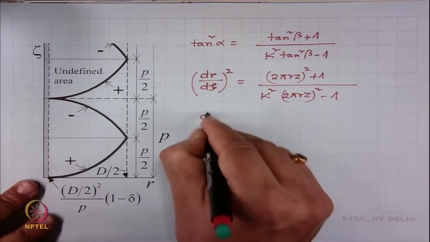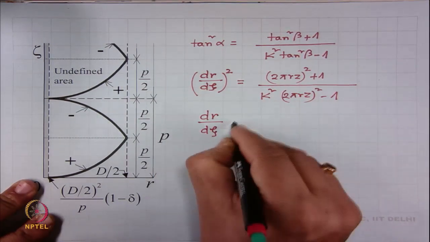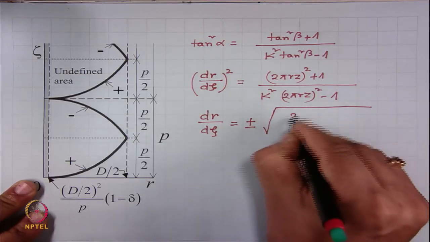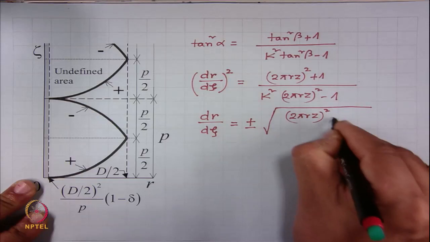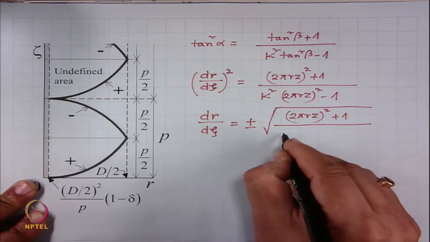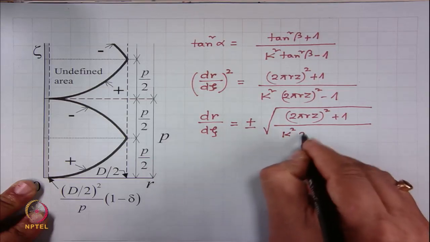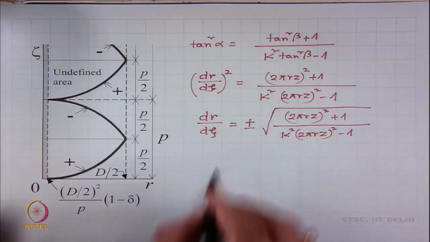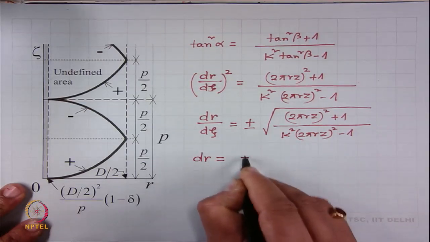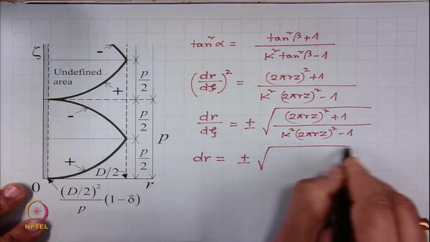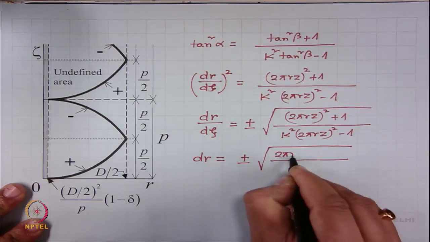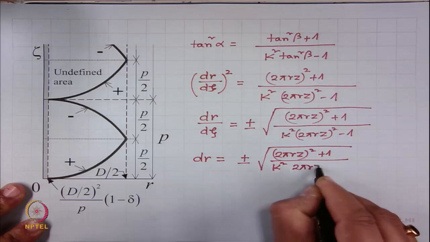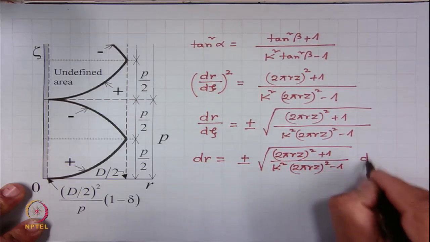So, dr by d zeta is plus minus the square root of 2 pi r z square plus 1 over k square 2 pi r z square minus 1. So, dr is equal to plus minus that into d zeta.